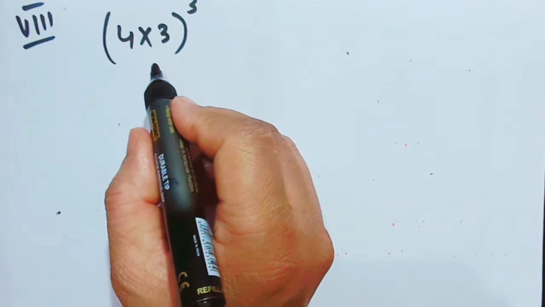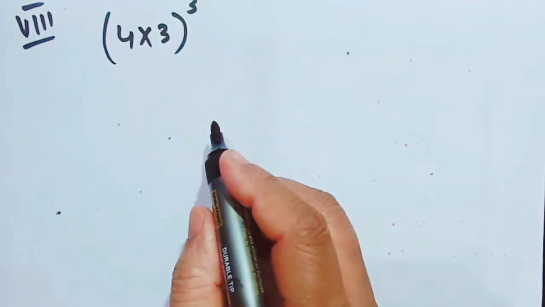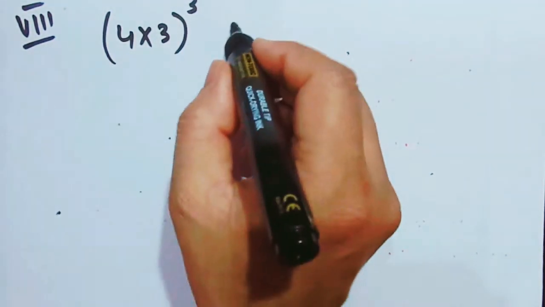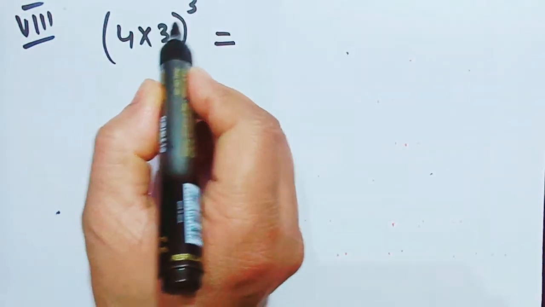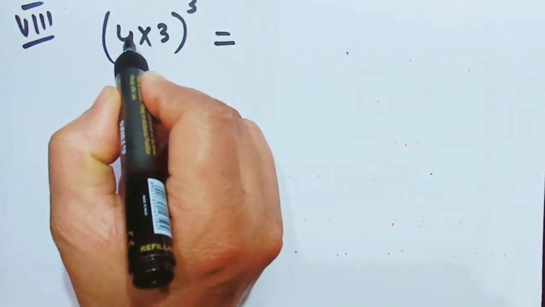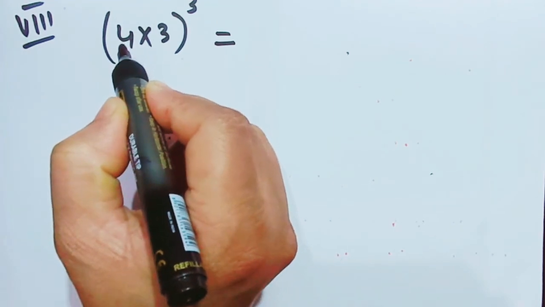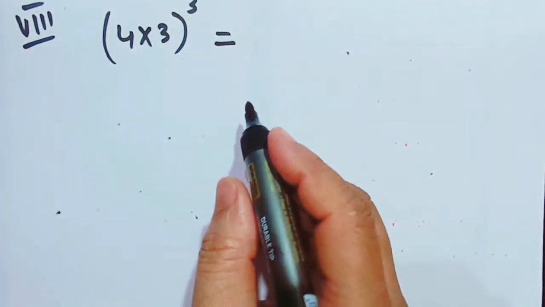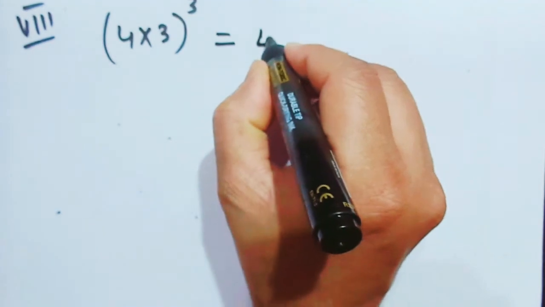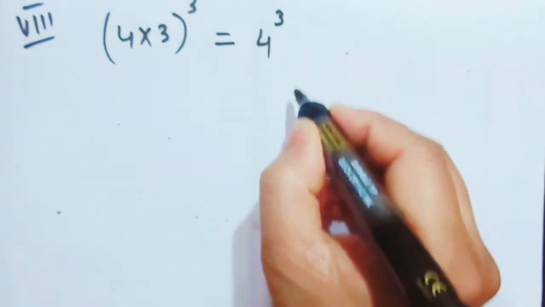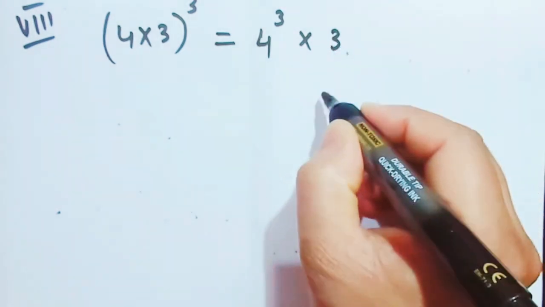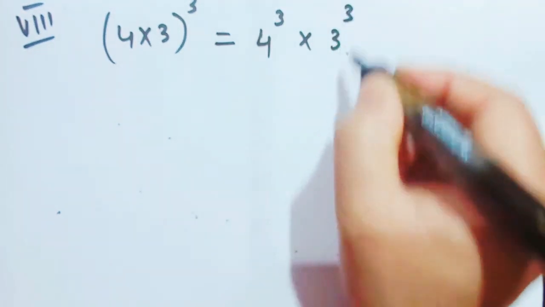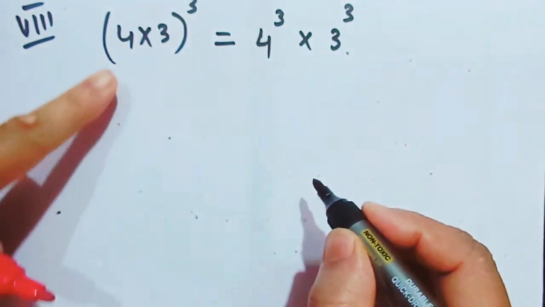This means that this 3 belongs to this 4 also, and this power belongs to this 4 also. I will be writing the same as 4 to the power 3 multiplied by 3 to the power 3. See how I broke it.